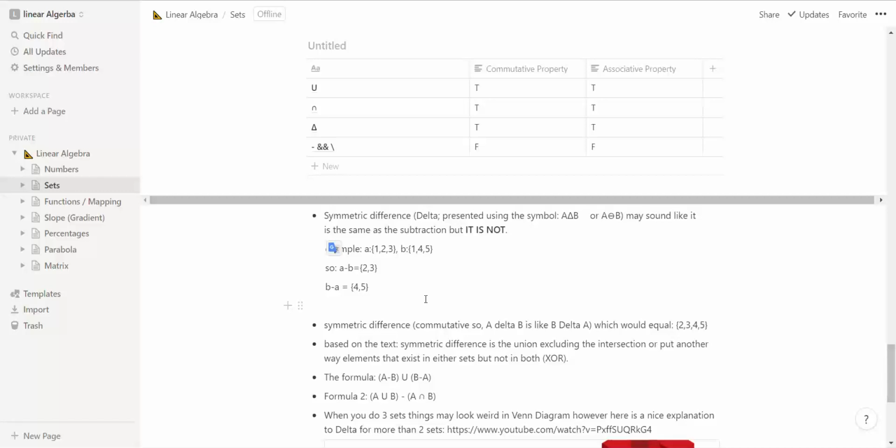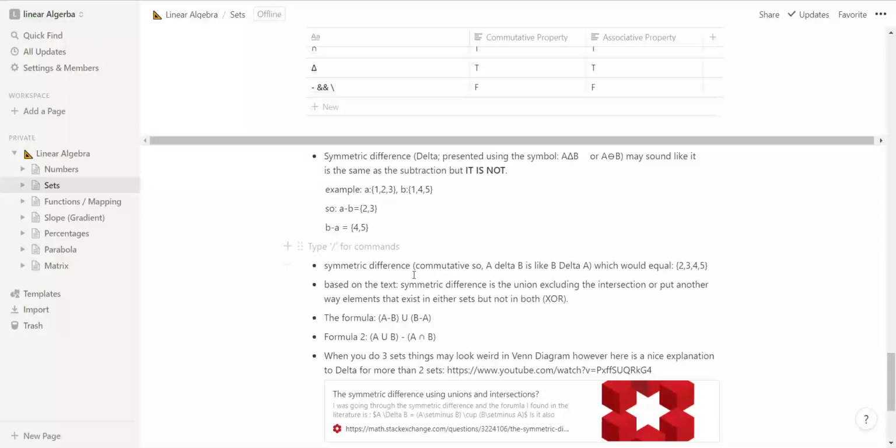So A minus B, you would be left with 2 and 3. B minus A, you would be left with 4 and 5. Symmetric difference is commutative, so A delta B is like B delta A, which would equal 2, 3, 4, 5.